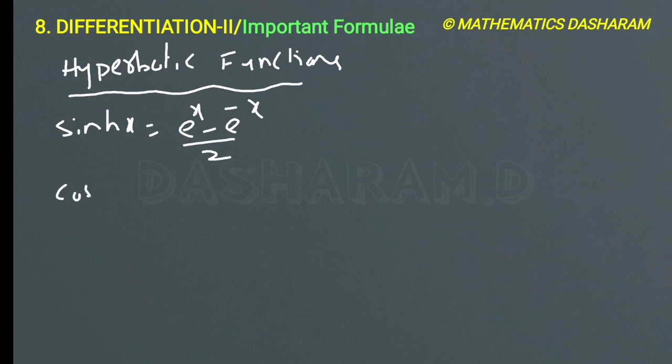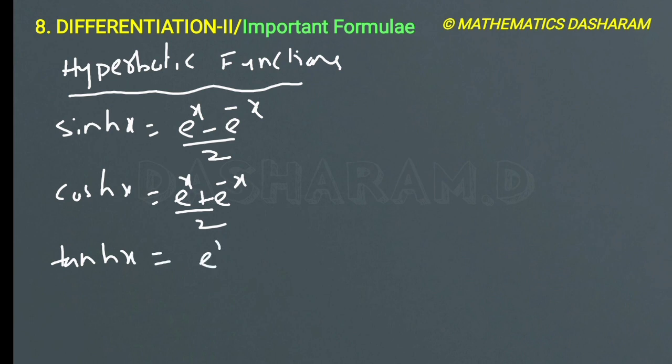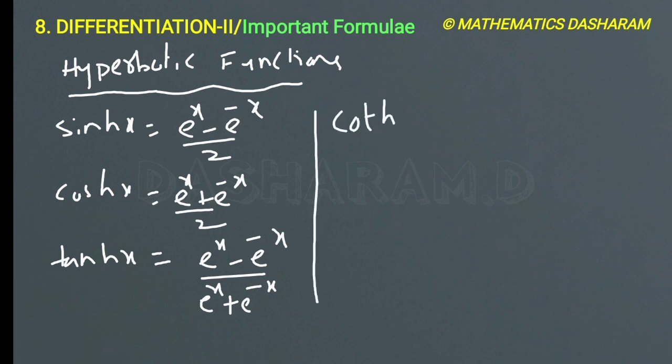Next, cosh x equal to (e^x plus e^-x) divided by 2. Tanh x equals sinh x divided by cosh x, so (e^x minus e^-x) divided by (e^x plus e^-x). Next, coth x, the reciprocal of tanh x, otherwise cosh x by sinh x, so (e^x plus e^-x) divided by (e^x minus e^-x).